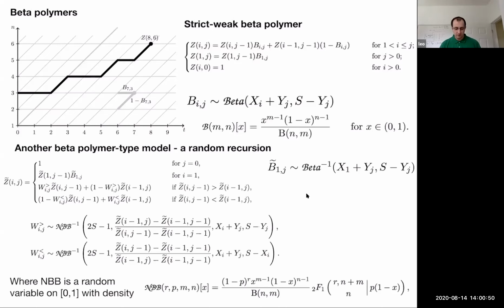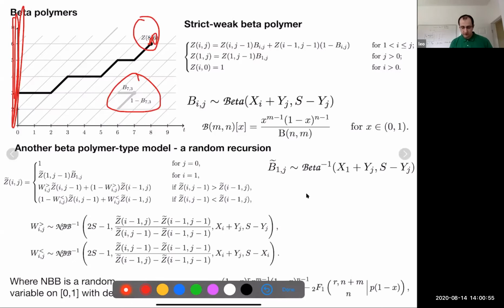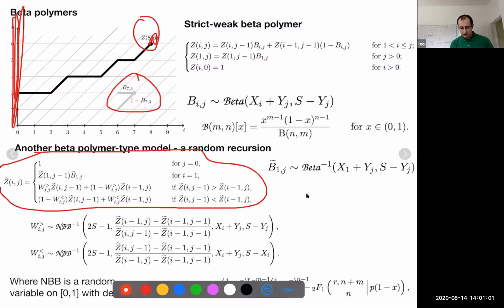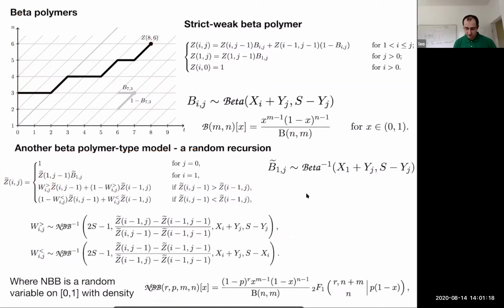Here's the weird polymer model, and it's a random recursion. Let me walk you through this. It's a randomized recursion for Z tilde, where the recursion now depends on the ordering of the two previous values: either Z tilde at one place is bigger than the other or less. The recursion weights W involve certain distributions, where NBB is the negative beta binomial distribution, which you can explain from classical probability.